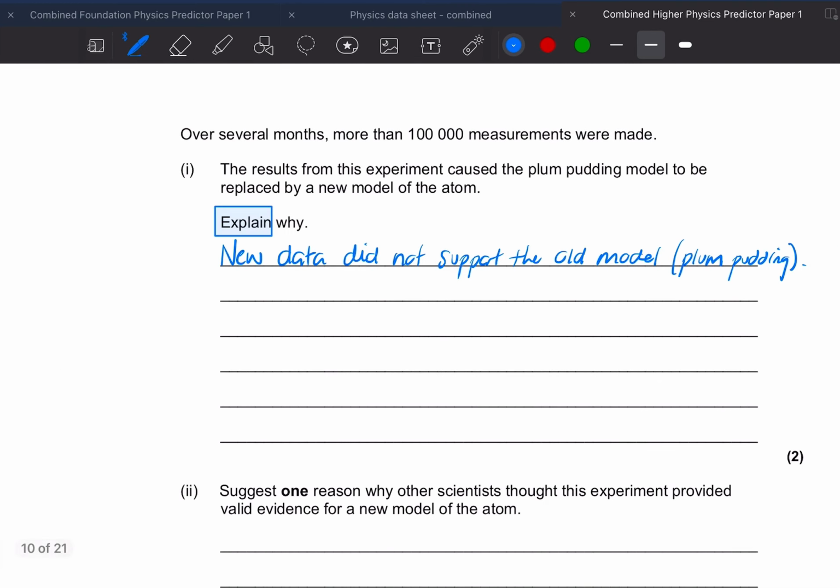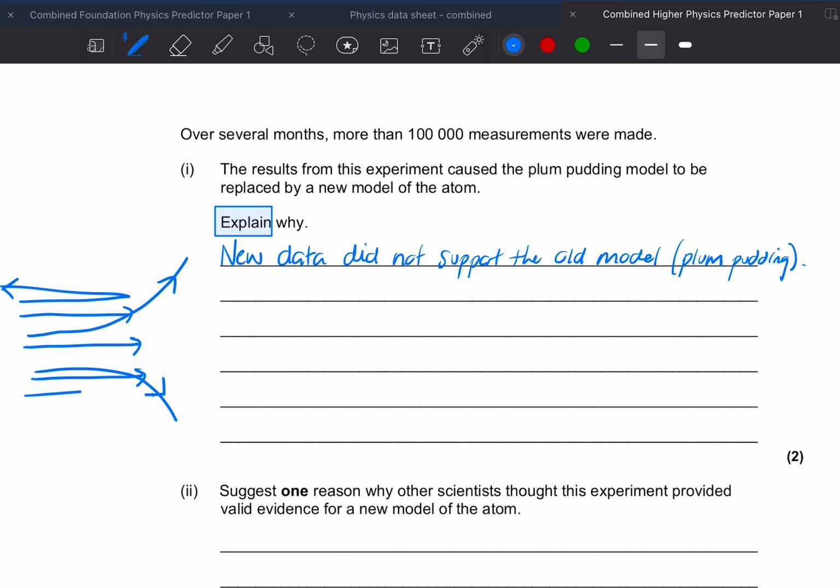But what actually happened was this: most of the alpha particles did go straight through, which proves that our atom is mostly empty space. But some of them were deflected by large degrees, more than 4 degrees, and some of them actually bounced straight back, which showed that there was something very small and very dense in the middle of the atom.